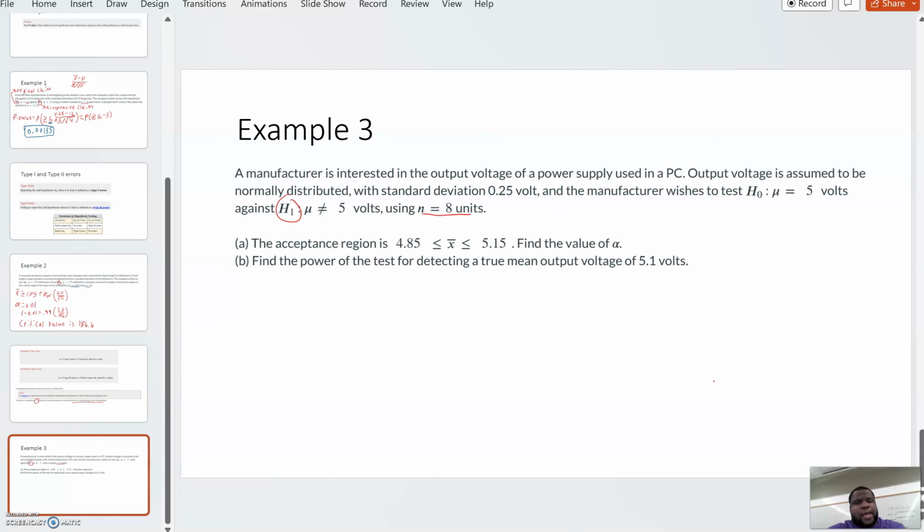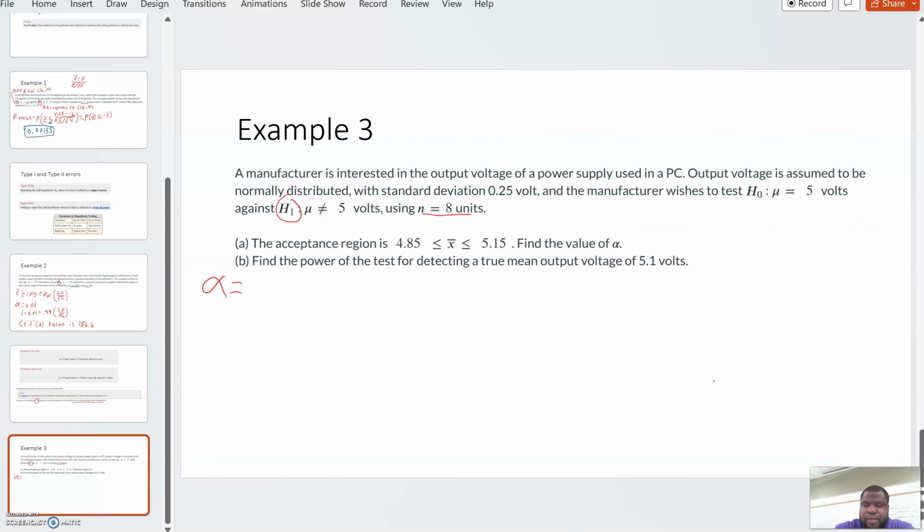So for part A, we want to find the acceptance region 4.85 is less than or equal to x bar, which is less than or equal to 5.15, and we want to find the value of alpha. In order to do that, let's define some things. First, what is alpha?